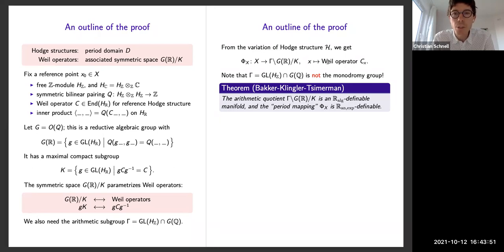And in this way, I can transfer all the Weyl operators onto Weyl operators on this fixed reference vector space. The price of it is that I have to mod out by the group gamma because of the identifications. Right? But so I get a period mapping that basically associates to a point in X the Weyl operator on that fiber. And it goes into the quotient of the symmetric space by that group gamma.